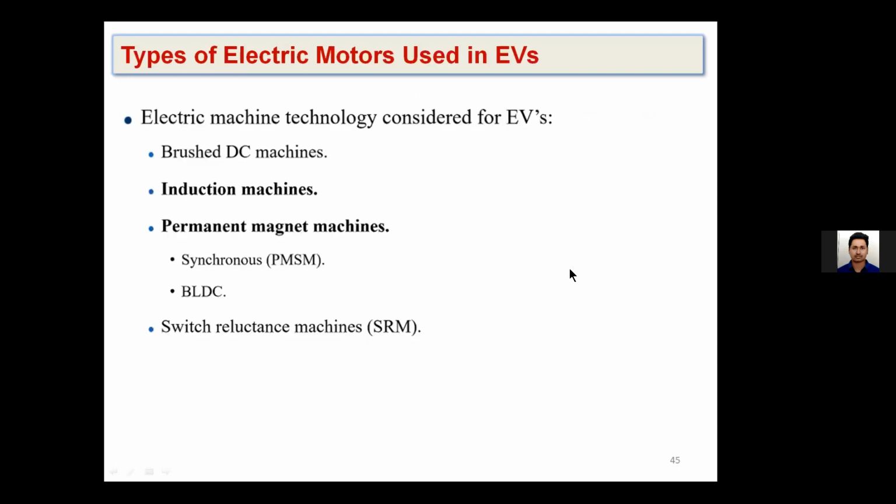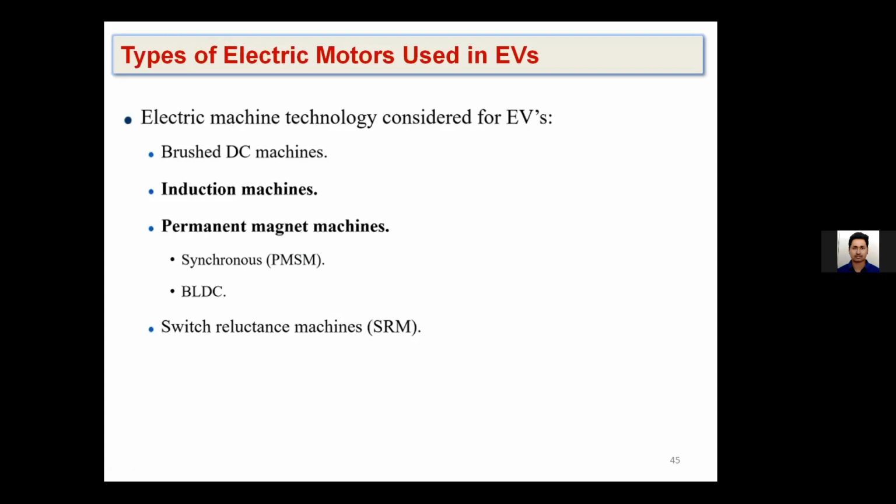Coming to the motor technology, different types of motors can be employed. The first type is the brushed DC machines, or the conventional DC machines. The main advantage of conventional DC machines is that control is very simple, easy to control basically, and does not require any advanced electronics to control it.